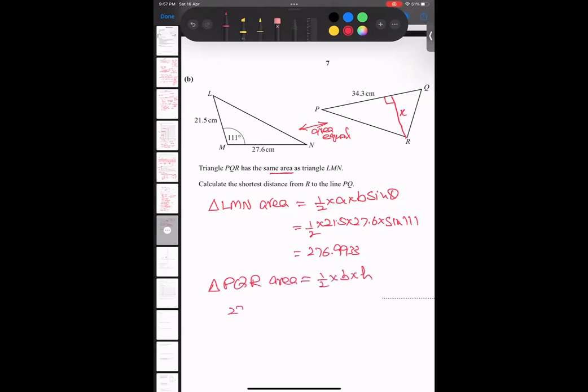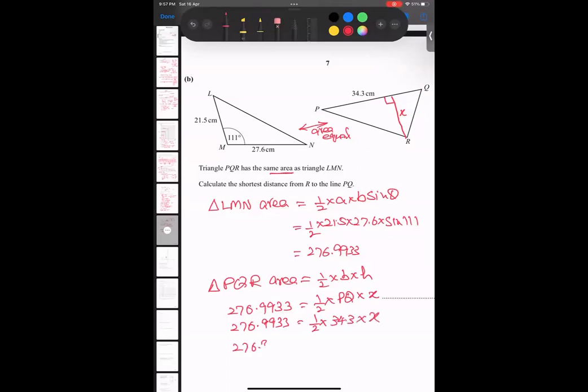Because the area is the same, I'm copying 276.9933, equal to half into base. Base actually, this PQ is called the base. So PQ is the base, 276.9933 equals half into PQ, PQ is 34.3, into the shortest distance.